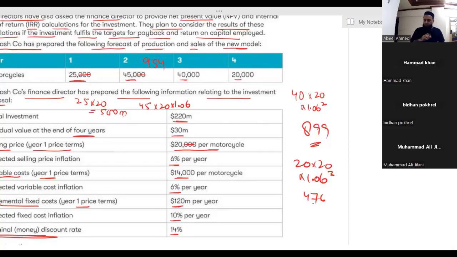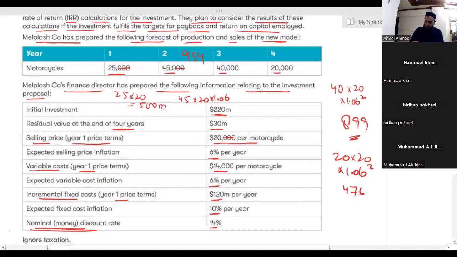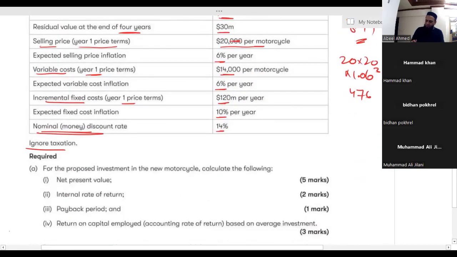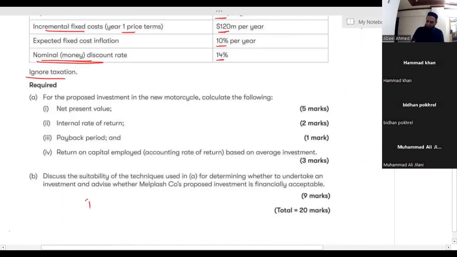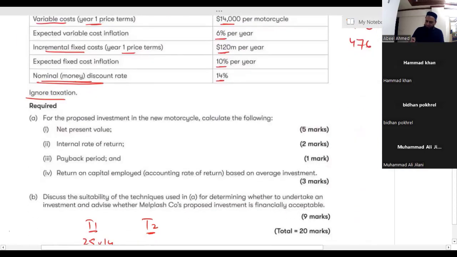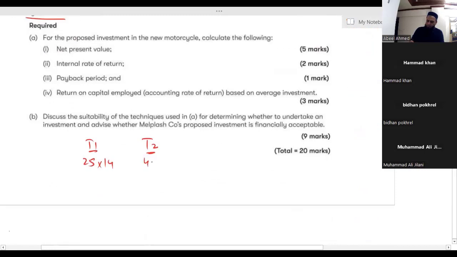Okay, great. We'll be using the same way to calculate variable cost. Like sales volume is, for example, 25 in year one into 14, whatever comes, it will be the variable cost of the first year. For the second year, the volume is 45 into 14 into 1.06.